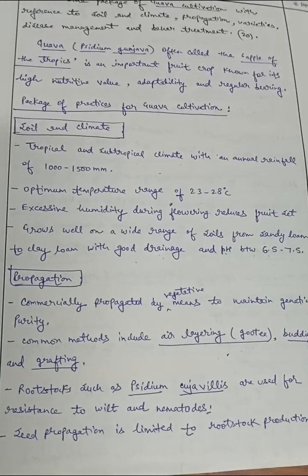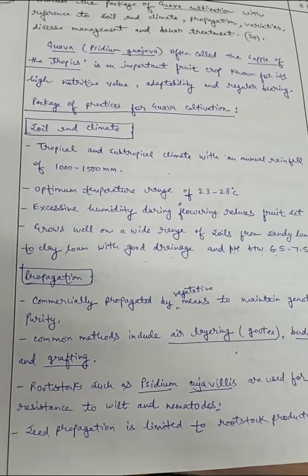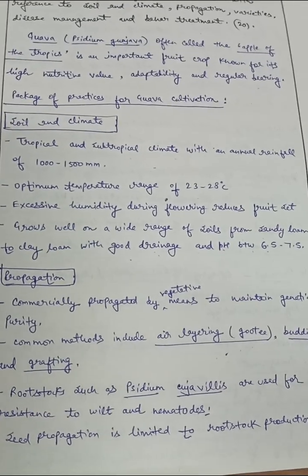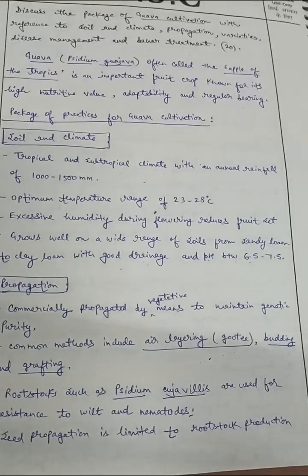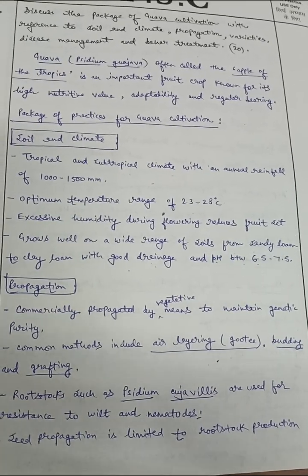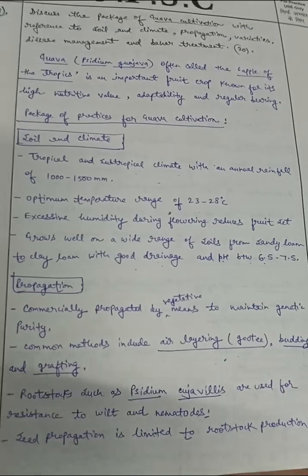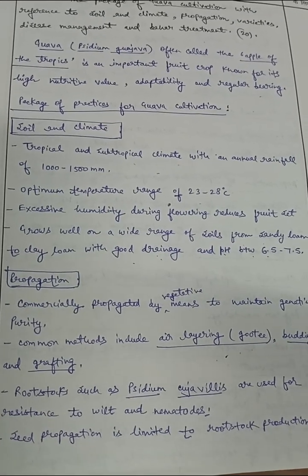So we will cut the branch of that Allahabad Safeda and we will insert that branch into the rootstock of our variety, and we will cover it for around 15 to 17 days, and after that the leaves will come from that branch and it will start growing in our plant. Then rootstocks such as Psidium cujavillus are used for resistance to wilt and nematodes.